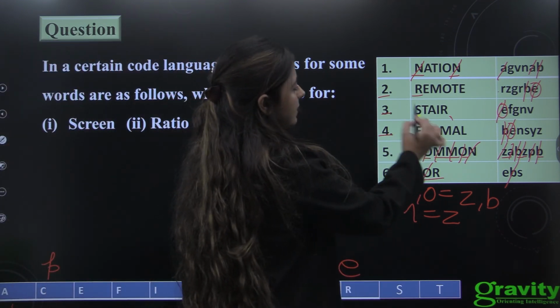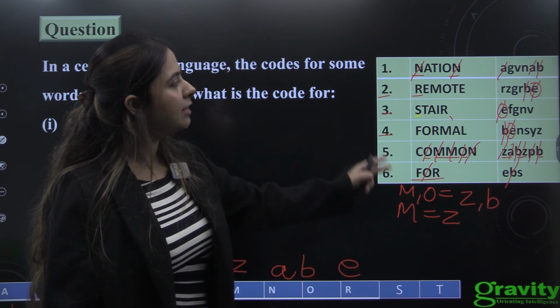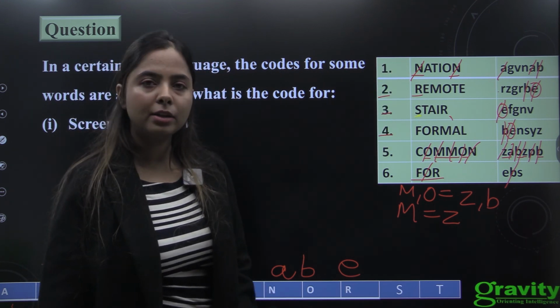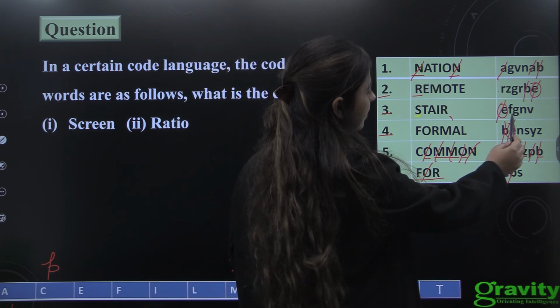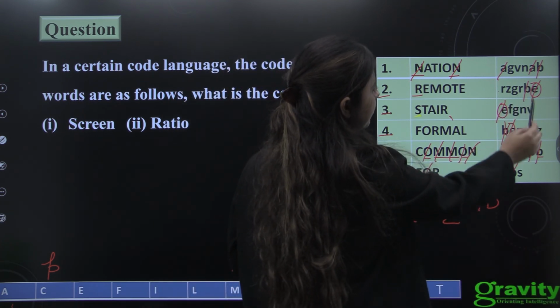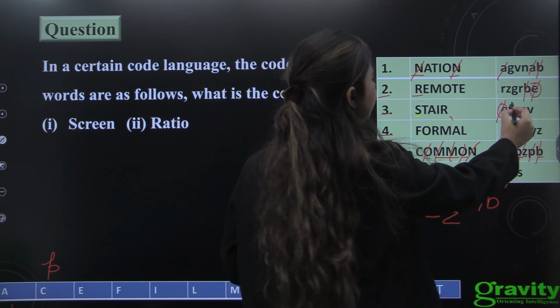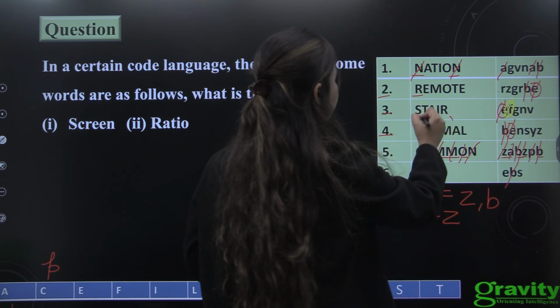Let's look at S. S does not repeat anywhere in the left hand side. So its code should not repeat either. G repeats, N repeats, V repeats, F. F is S.